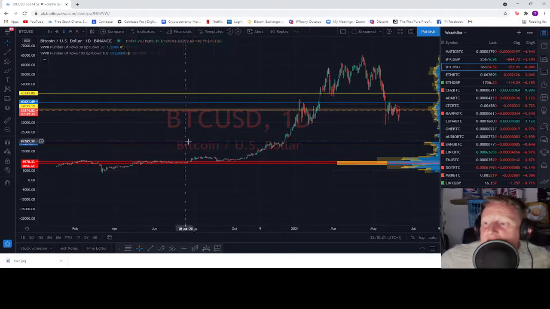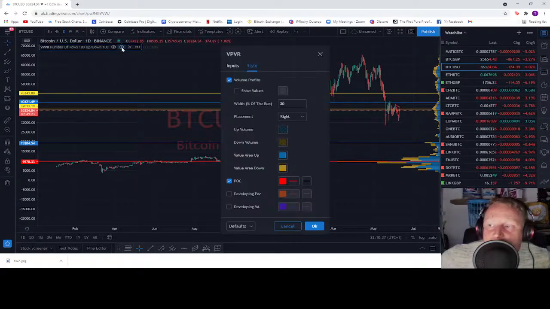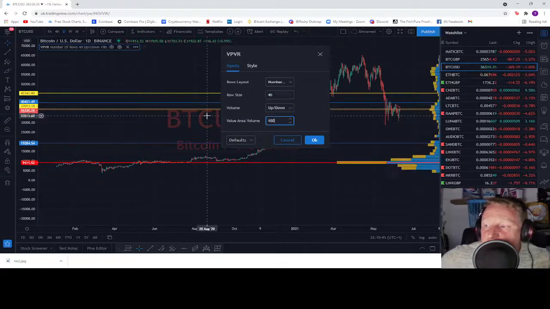The first one is within this visible range. I'm going to get rid of that one. No, it's the wrong one. Alright, never mind. Okay, you're going to go into settings, and generally speaking, the inputs of everything are going to be roughly around 30 or 40.